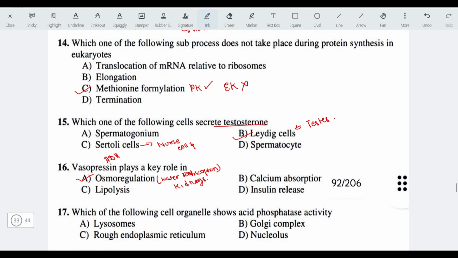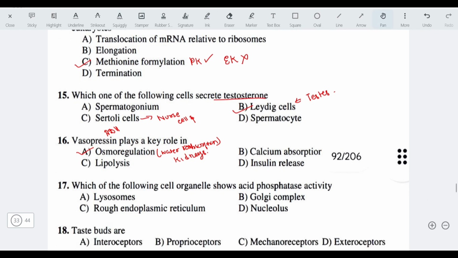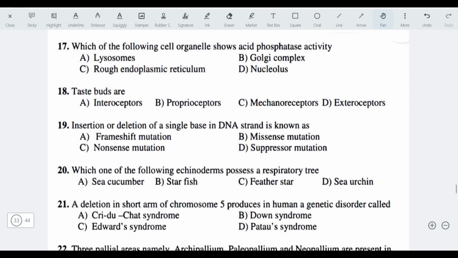You have heard about this ADH or vasopressin hormone, right? Next question: which of the following cell organelles shows acid phosphatase activity? The correct answer is lysosomes. They show acid phosphatase activity for cellular digestion, right?